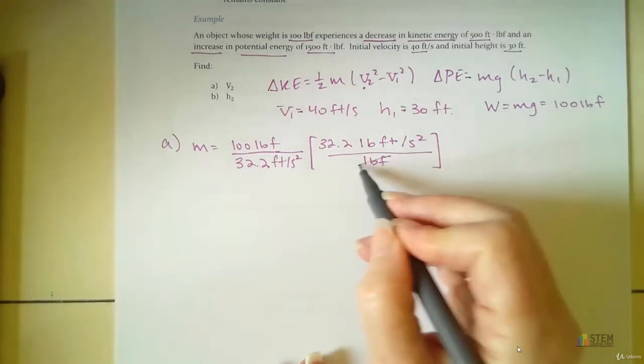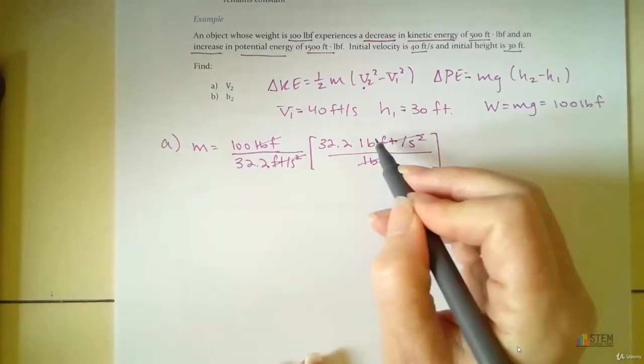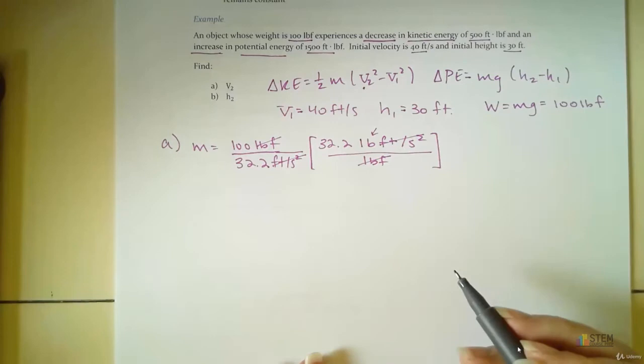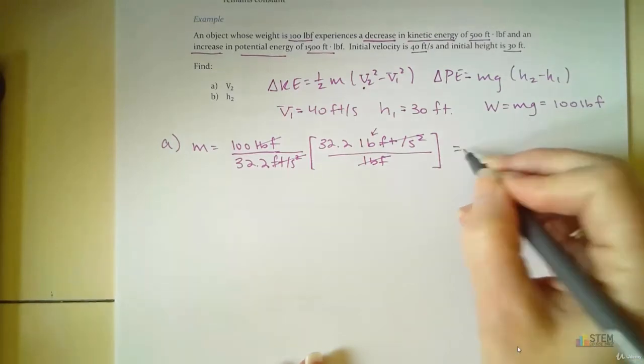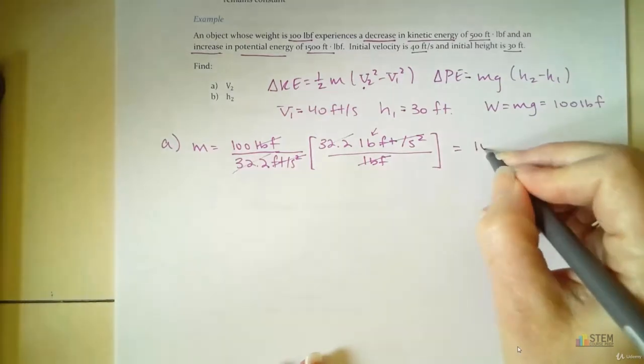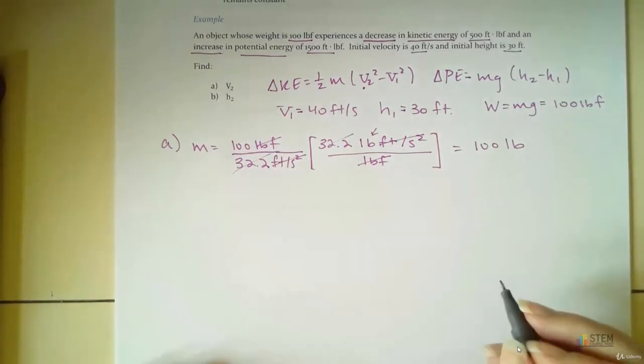Now if you look, pound force cancels out, feet per second squared cancels out, you're left with pounds, which is a unit of mass, which is what we want. Okay. So essentially, once you cancel those two out, you end up with 100 pounds. All right, so your 100 pound force is the same as 100 pounds for mass. Okay, a little weird, but that's how it works out.